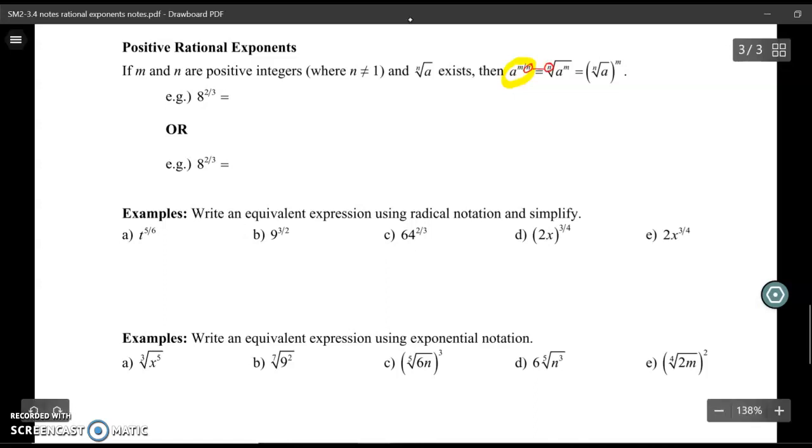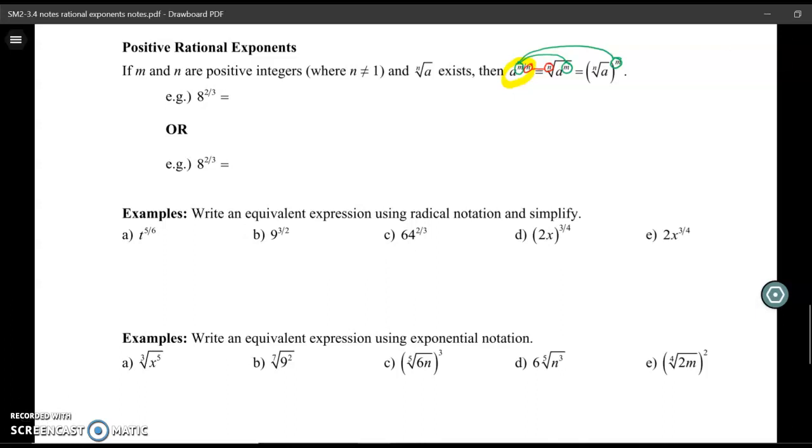Those are going to be the same. And the top of my fraction is going to be an exponent that's going to be on the a. Okay? Now the cool thing about converting between fractional exponents like this is that you can either put this m inside the radical or you can put it outside of the radical. Okay, so let's see what that looks like. That'd be easier if we work some out.